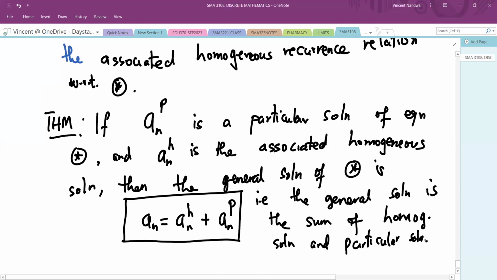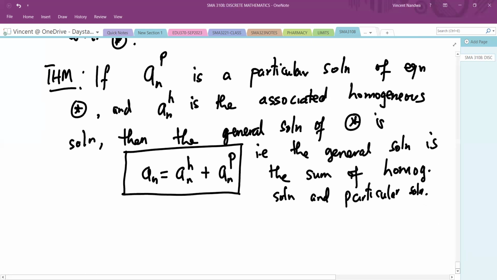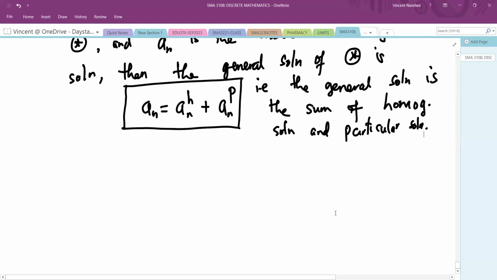So the key thing now is to find the particular solution. And to find the particular solution, you need to know the structure of f(n). So briefly, let's discuss how to obtain that particular solution.